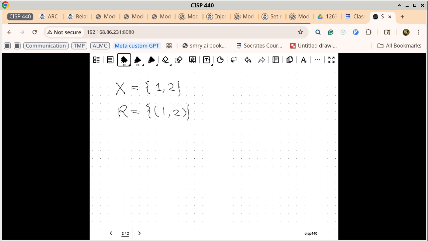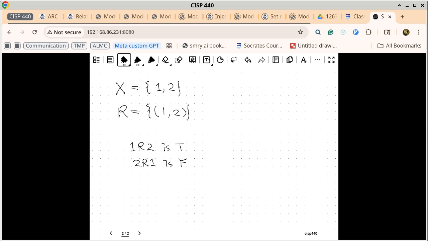So that means 1 relates to 2 using R, but not the other ones. So we can now say 1 R 2 is true, 2 R 1 is false. So we can now see why the tuple is important. It is not a set because (1, 2) as a two-tuple means 1 relates to 2.